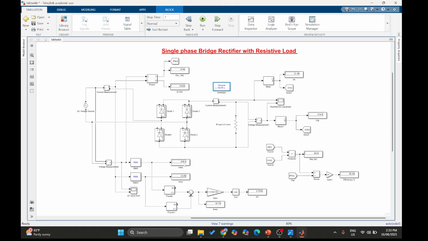We have a phase voltage of 240 at the source, and I didn't calculate the IRMS, but if you calculate it, you will get 23, which is exactly the same as the simulation value.